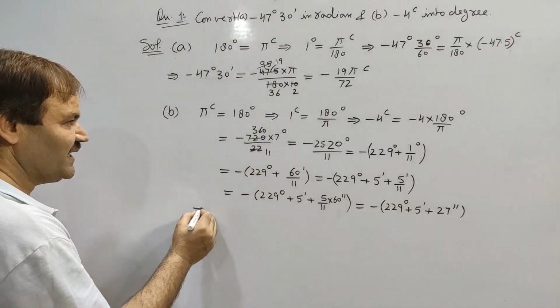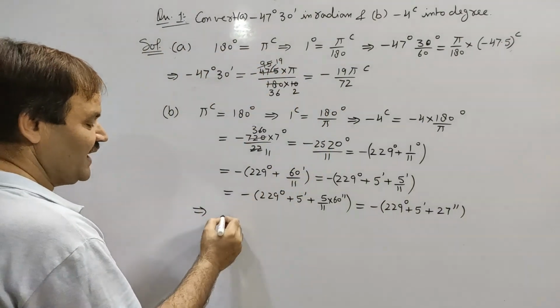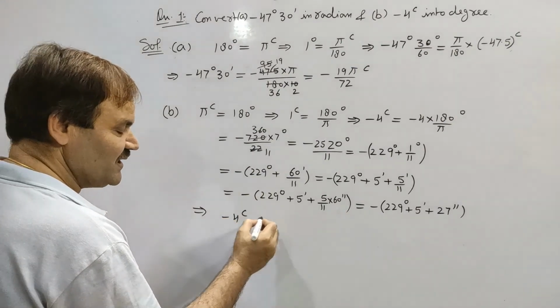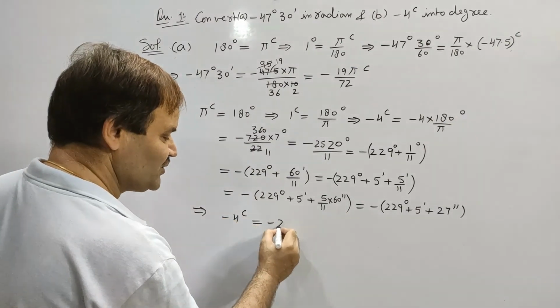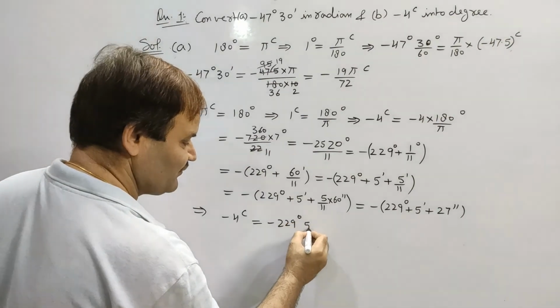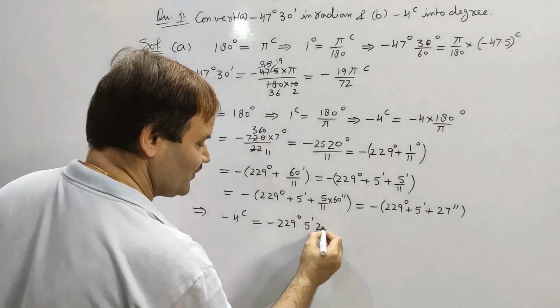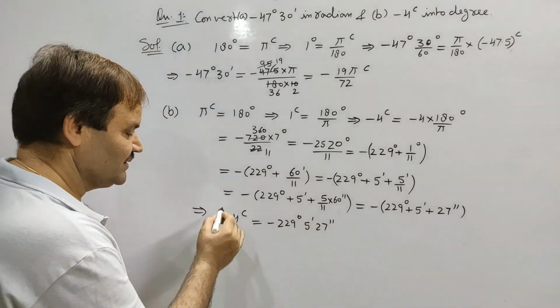So this implies minus 4 radian will be equal to minus 229 degree, 5 minute and 27 second.